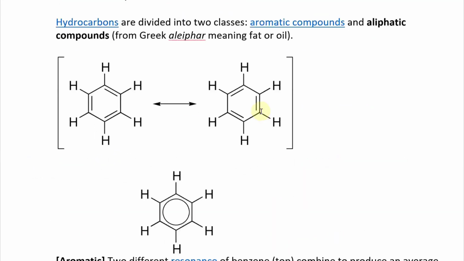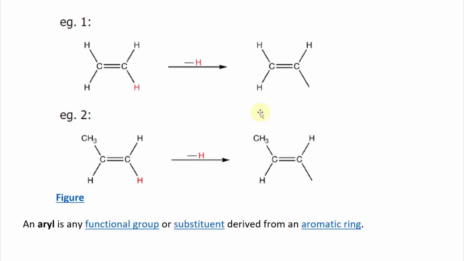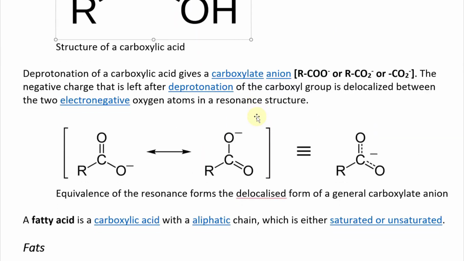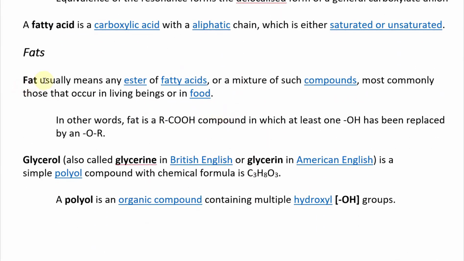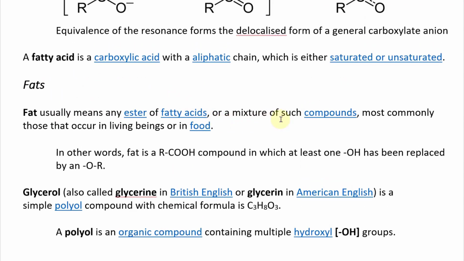Going back here now. All right, where are we? Let's go over that again, just because it's important to get your head wrapped around it. So fat usually means an ester of fatty acids or a mixture of such compounds, most commonly those that occur in living beings or in food.